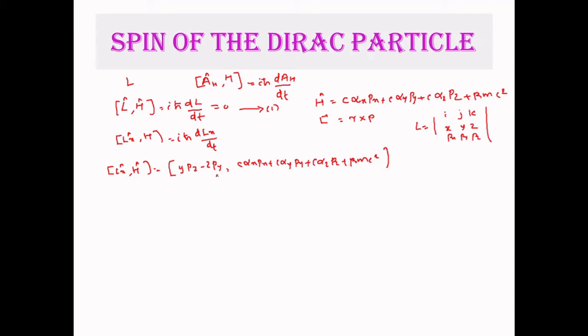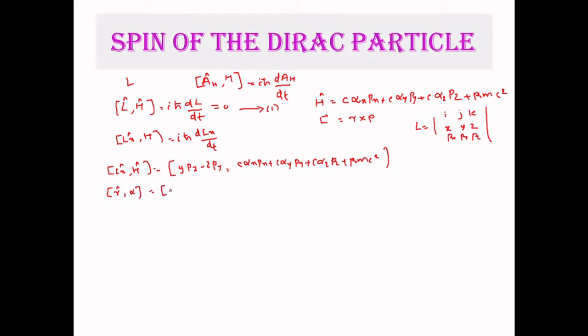Okay, now we can calculate this particular commutator. In the last class, we discussed how to calculate this commutator, and we mentioned some of the properties. The position and momentum operators commute with the alpha and beta matrices.